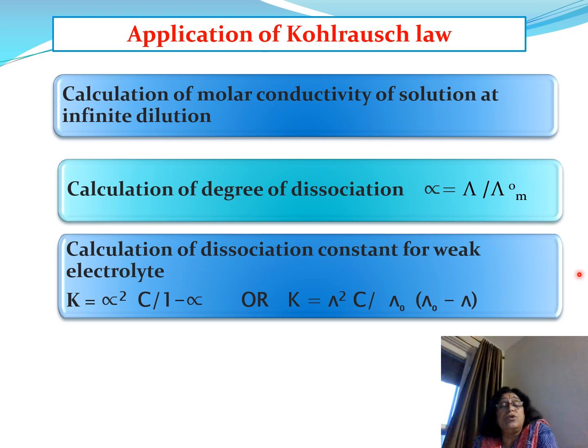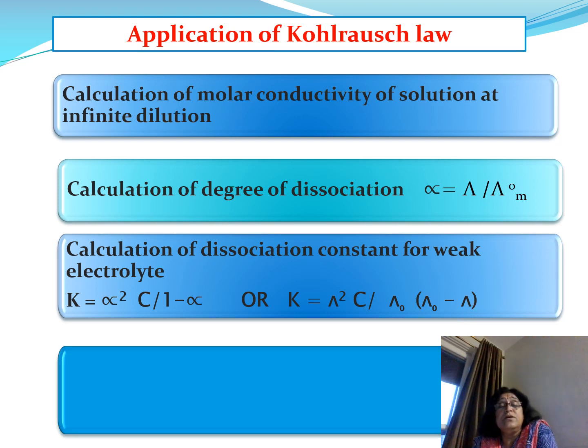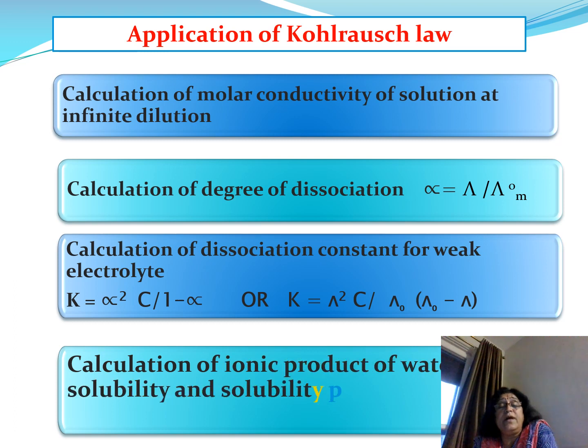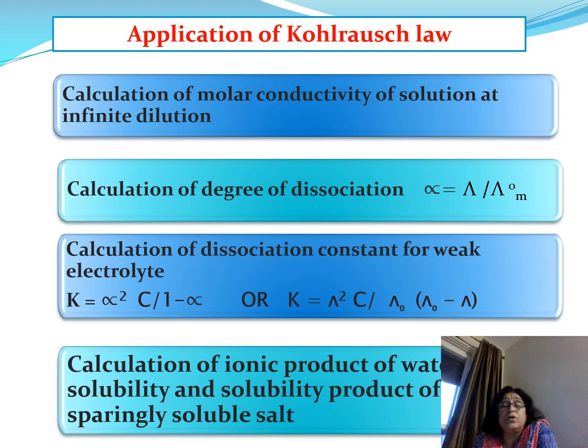We all know the dissociation constant K is equal to alpha square C upon 1 minus alpha. Putting the value of alpha here, K is equal to lambda square C upon lambda infinite dilution, bracket, lambda infinite dilution minus lambda at a particular concentration. So you can calculate K, the dissociation constant. Then it helps you calculate the ionic product of water and the solubility product of sparingly soluble salts. So these are the applications of Kohlrausch's law.